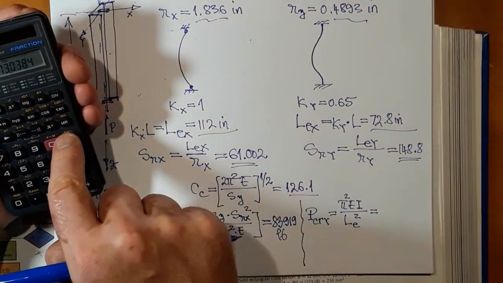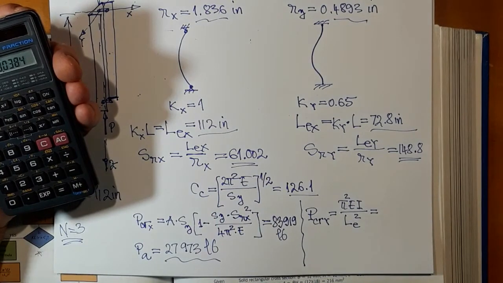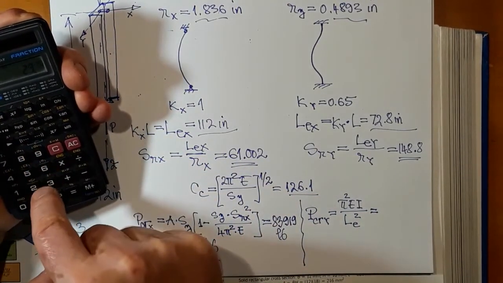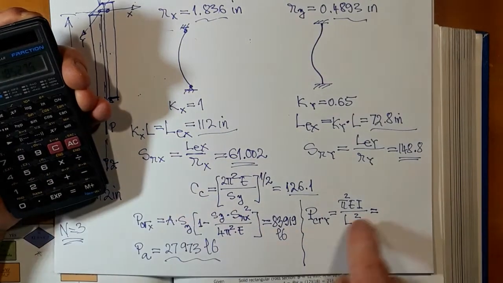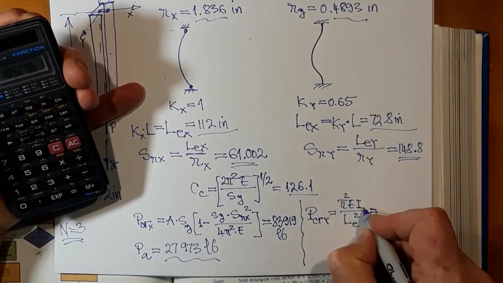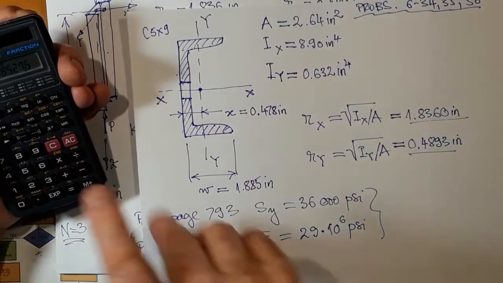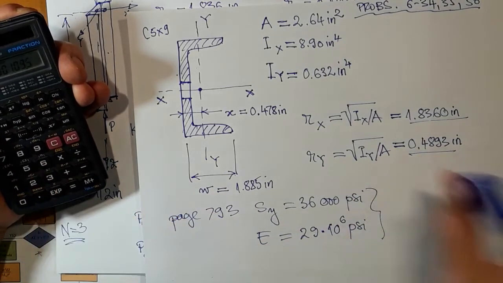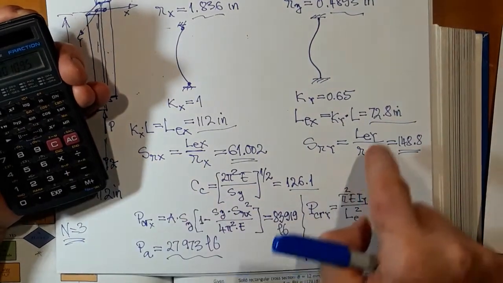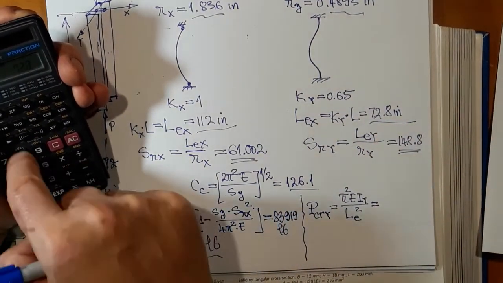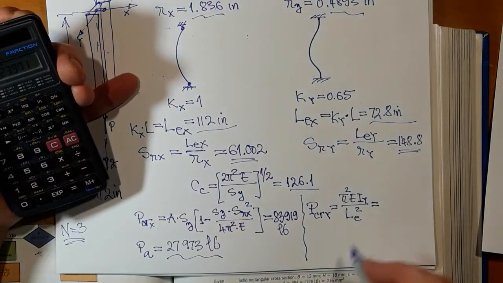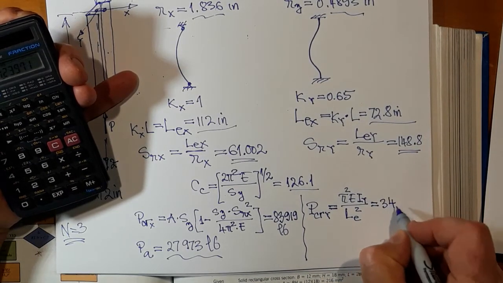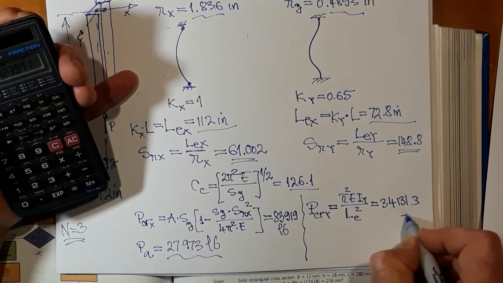All right, and then for this other case, we have pi squared times 29 exponent 6 times I, and of course it is going to be IY, times 0.632 equals, over equivalent length 72.8 squared equals 34,131.3 pounds.